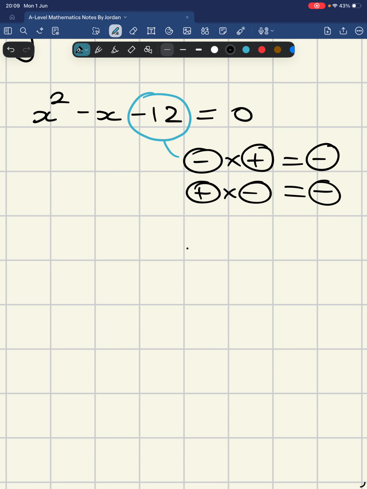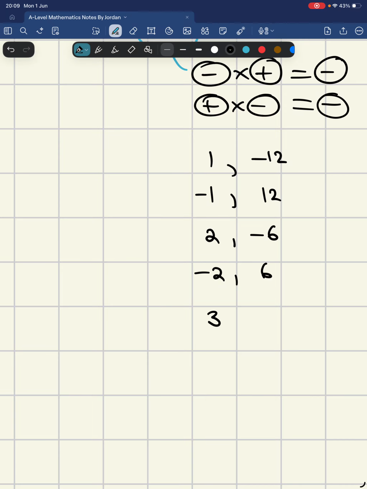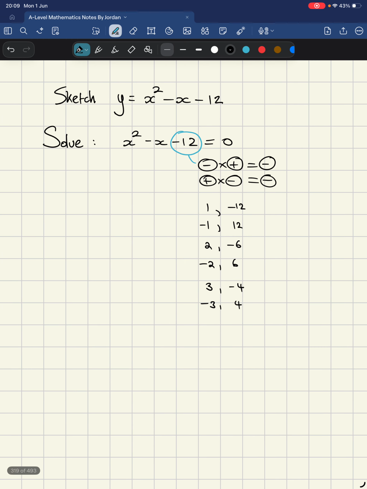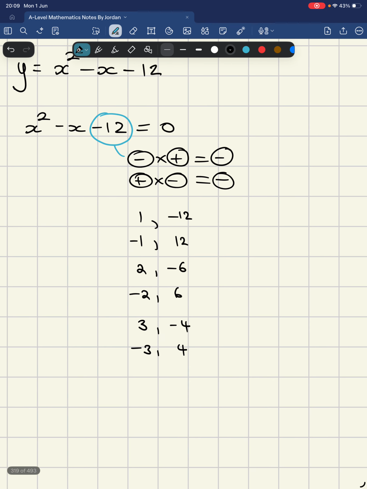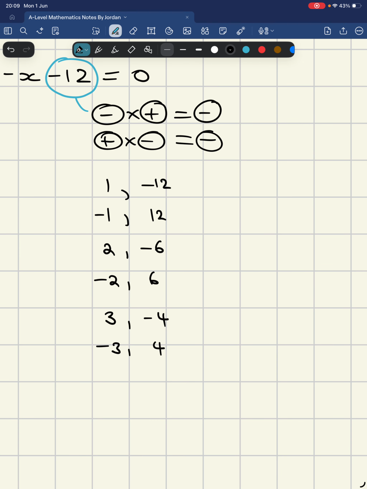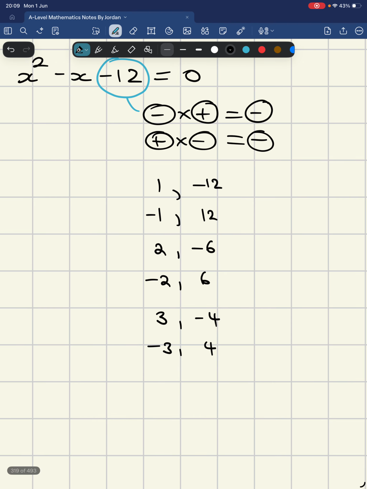Okay, so then that means I could have 1 and negative 12, negative 1 and 12, 2 and negative 6, negative 2 and 6, 3 and minus 4, and minus 3 and 4. And you see there's a lot more combinations to worry about there. Okay, so basically you've got to add these together, which is a lot harder, isn't it?